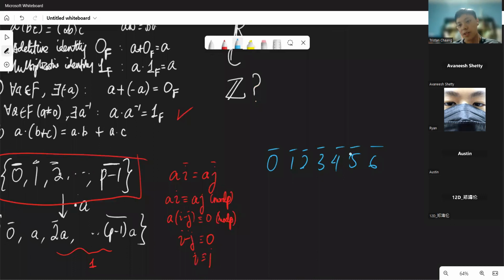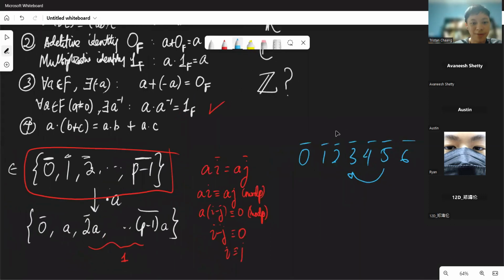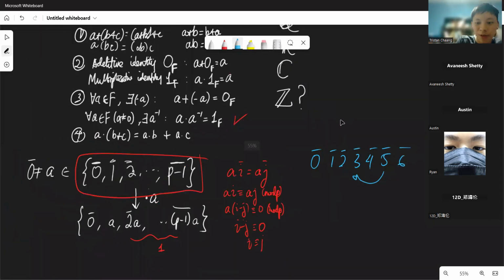Now, what is the multiplicative inverse of 5, for example? 5 times what is 1 in this set? 3. Yep, exactly. So 3 is the multiplicative inverse of 5 in this set. So that's what a field is if we use the mod p definition.